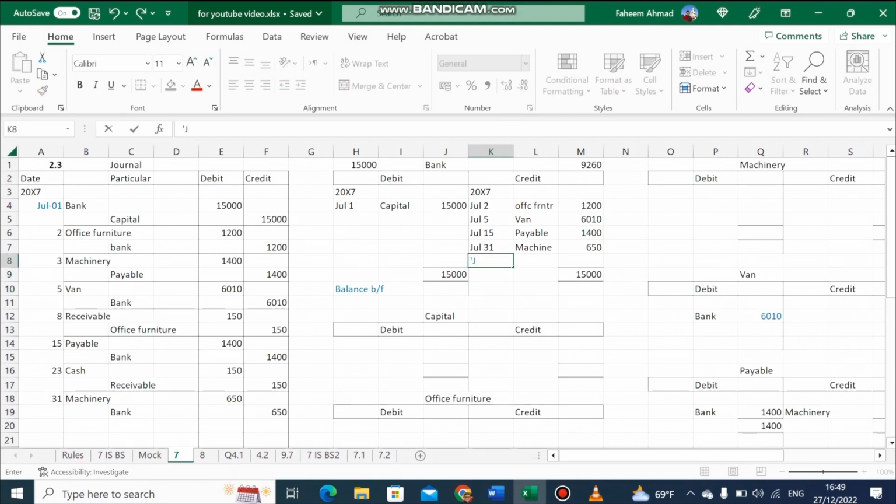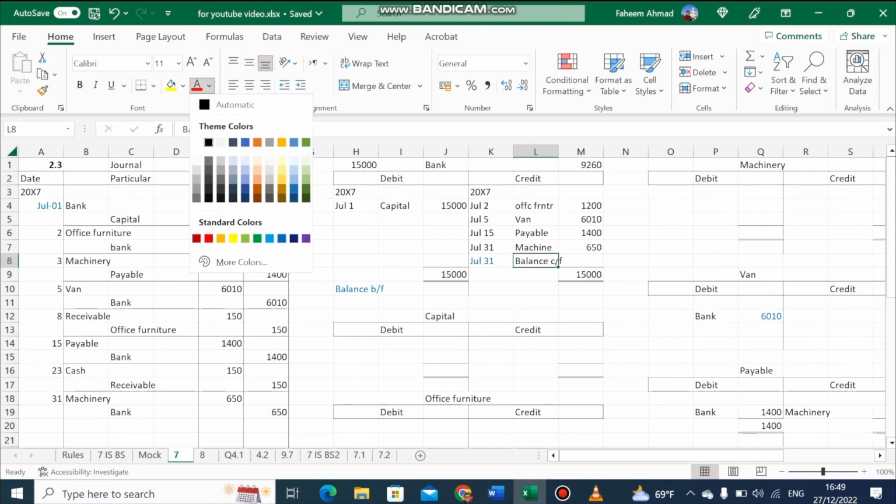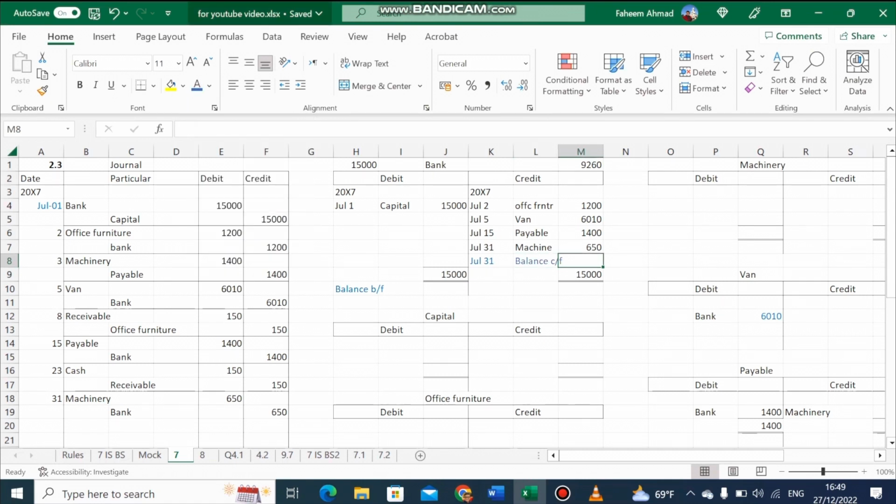Next step, you take July 31st. You are calculating closing balance of this month. It is called balance carried forward. It is like closing balance for the month. So what you do, you compare debit and credit and you take the difference between these two. So I'm going to take 15,000 minus 9260. This is my closing balance.